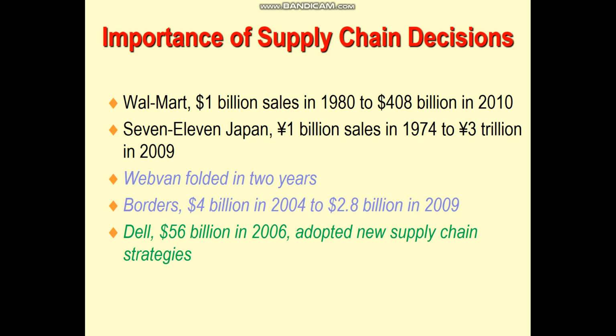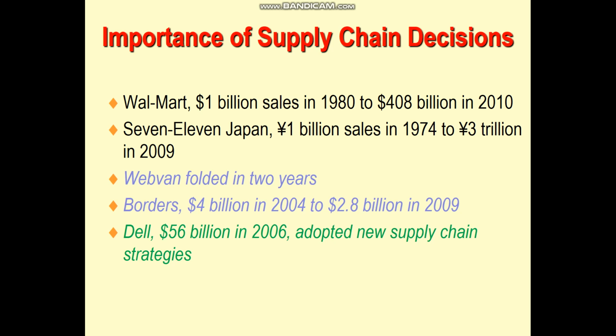Walmart also designed its supply chain with a lot of stores around the distribution centers so that they can reduce the cost. That's why in 1980, the sales of Walmart were $1 billion, and jumped to $408 billion in 2010.